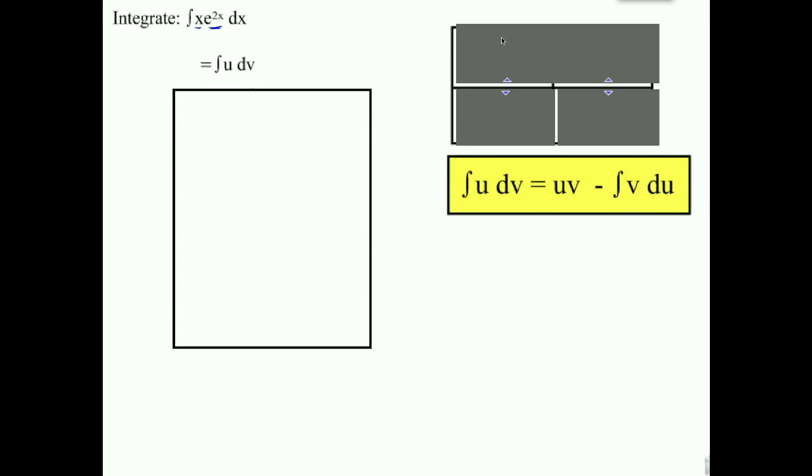So our options are we could let u equal x and dv equal e to the 2x dx. Or our other option would be to let u equal e to the 2x and dv equal x dx.